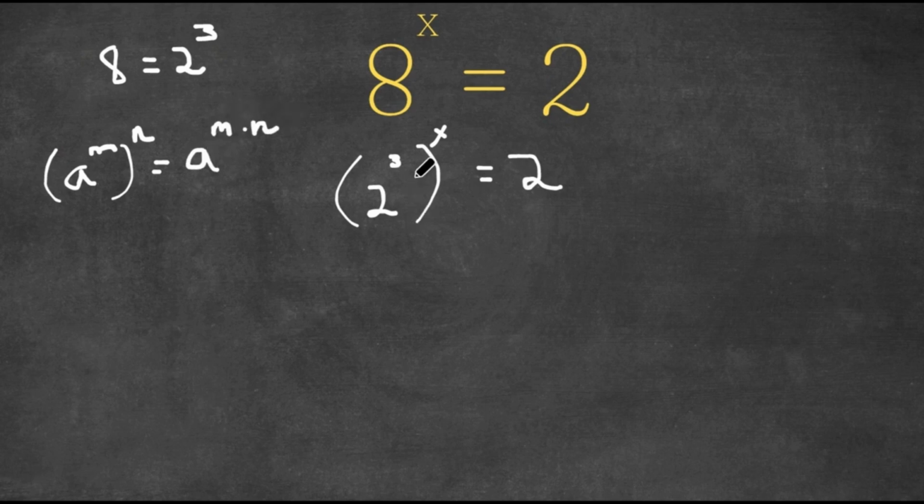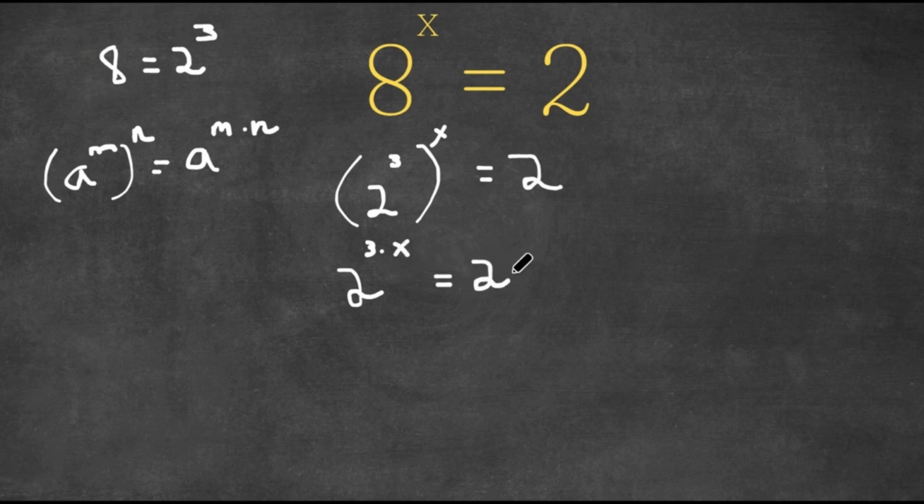So 2 to the power of 3 to the power of x, we would just multiply these two exponents, because 3 in this case is m and x is n. So this would be 2 to the power of 3 times x, and this equals 2.